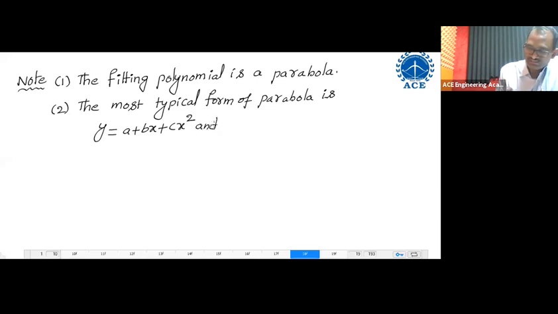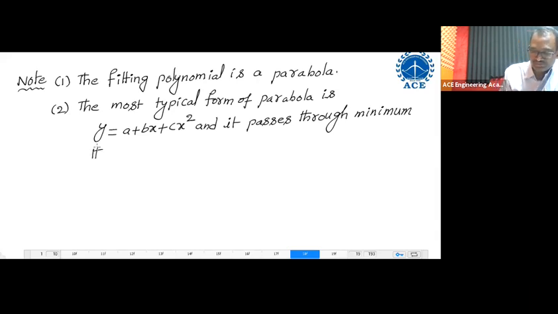To get the ABC values, it passes through a minimum of 3 points.